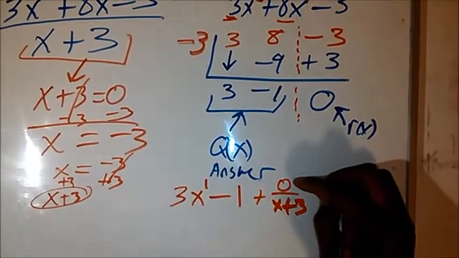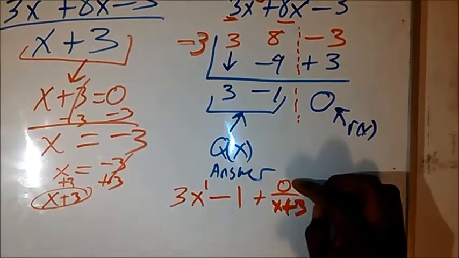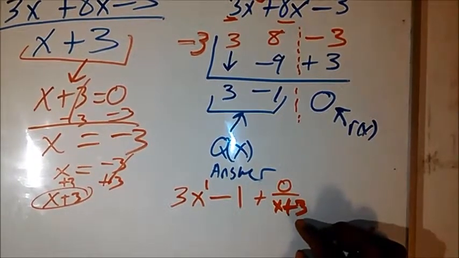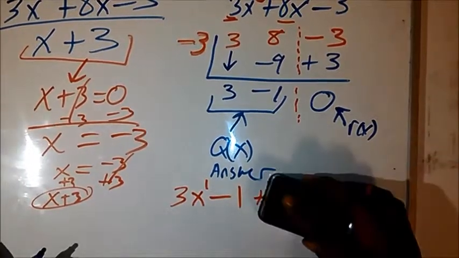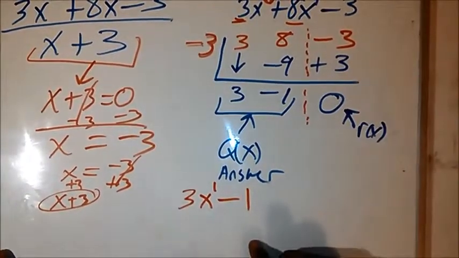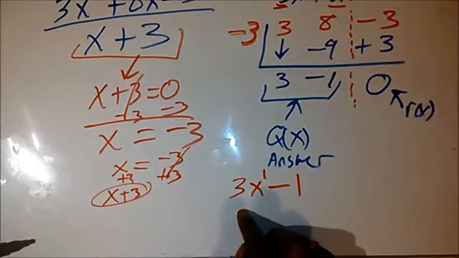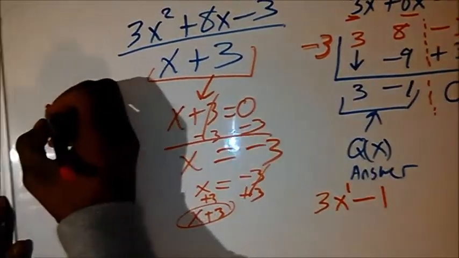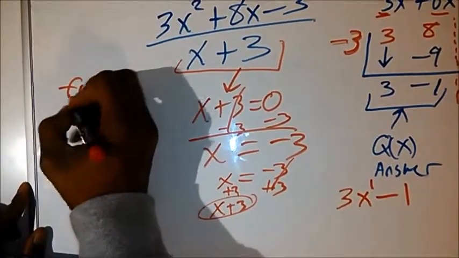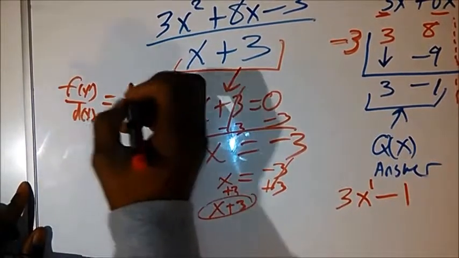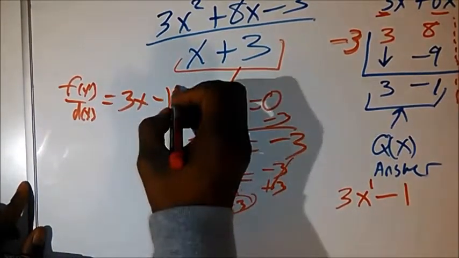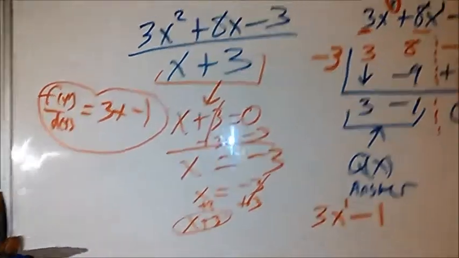Anyway, if 0 is in the numerator and anything is in the denominator, the answer would be 0. So our remainder is 0. This will be our answer, our Q of x. Remember, you write it like this: f of x divided by d of x is equal to 3x minus 1. Okay? Let's try another one.